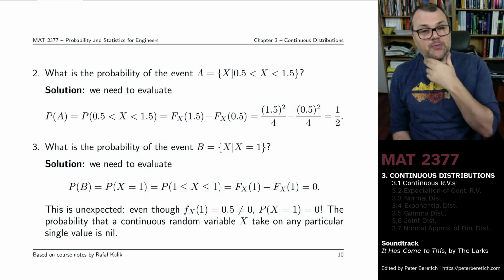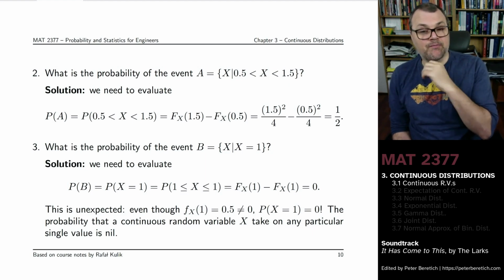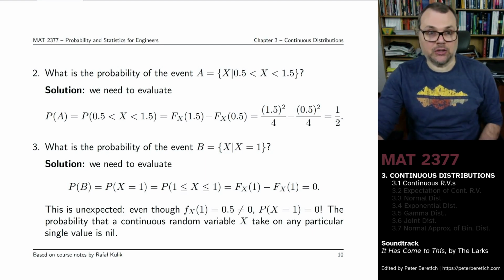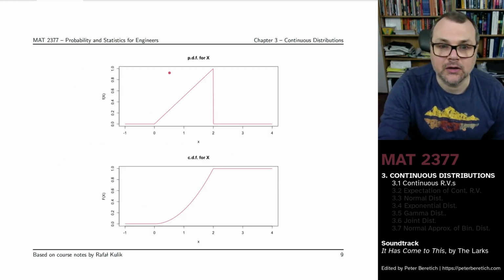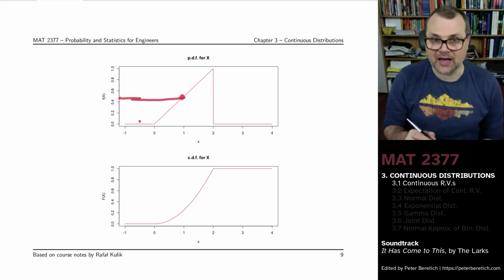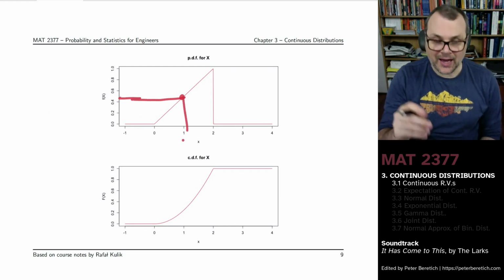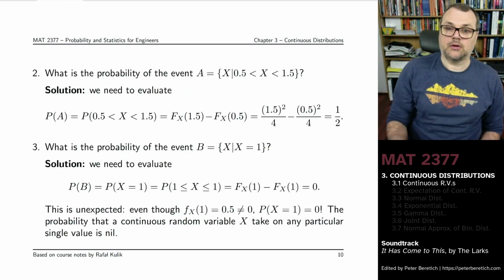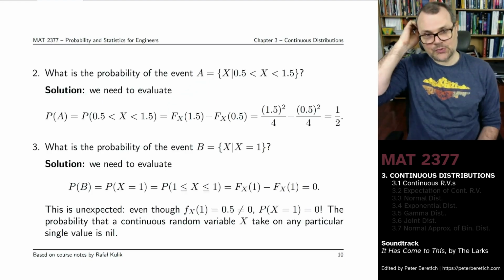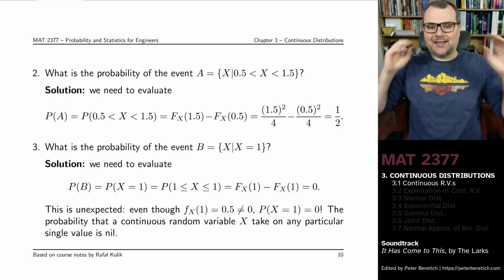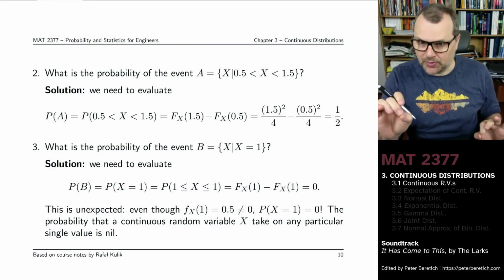So perhaps that's unexpected to you, right? The probability density function at that point is not equal to 0. Right here, the PDF is about 1/2, but the actual probability of getting exactly 1 is 0. That's what I meant when I was saying that the density function is not equal to the probability.